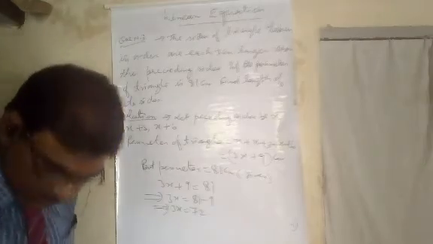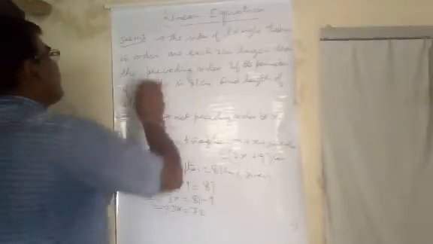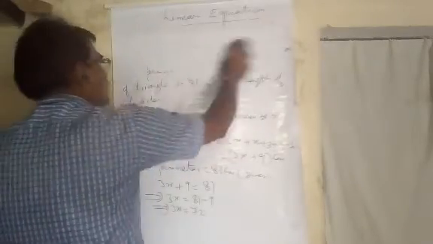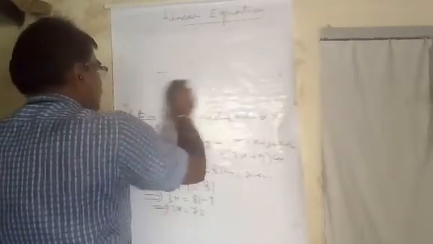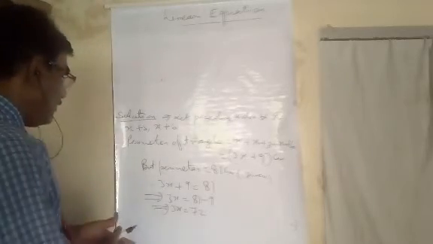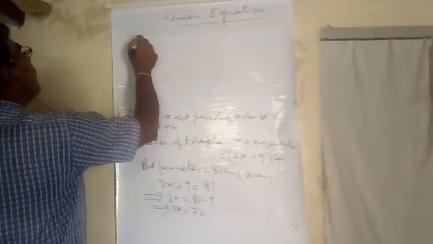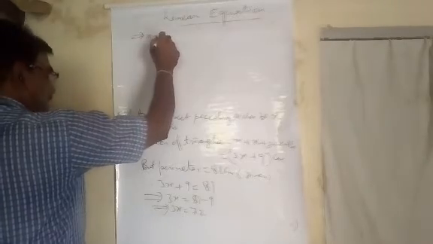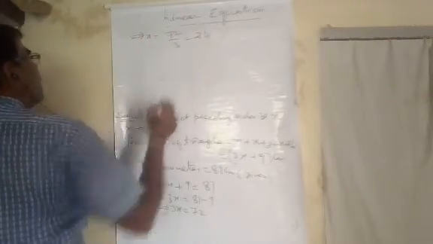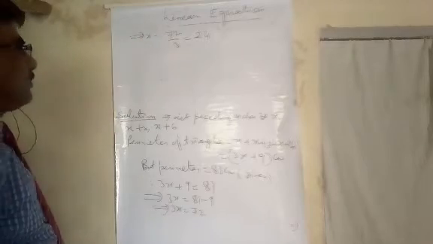Now x equal 72 upon 3 will be 24, because when you divide 72 by 3 you get 24.